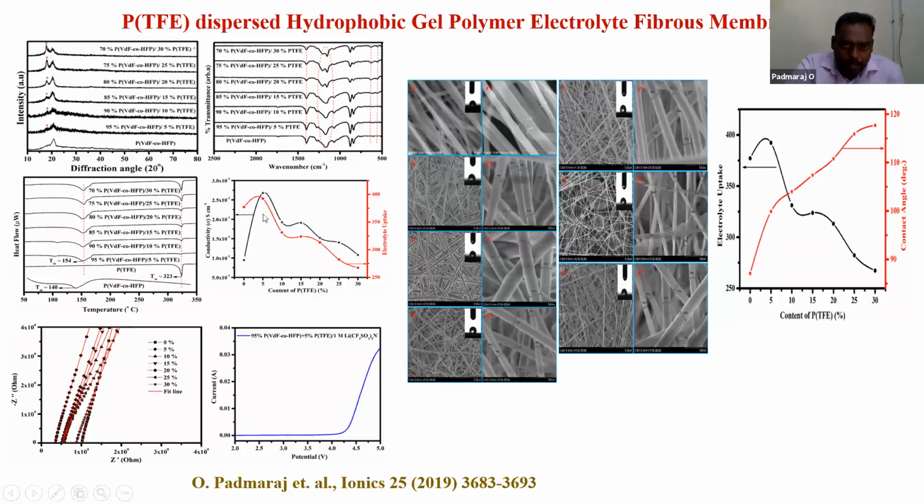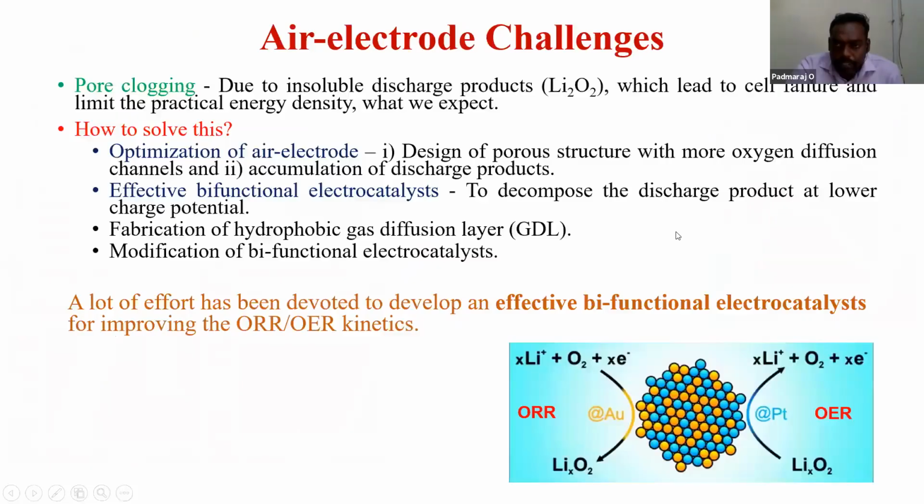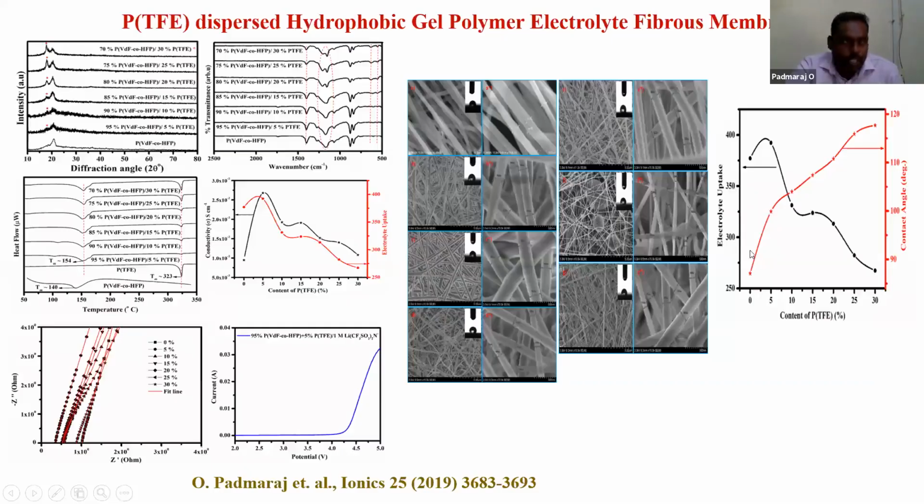See here, by changing the PTFE content, the hydrophobicity also changes. Here are the electrolyte uptake as well as the contact angle; by changing the PTFE content, I am optimizing the electrolyte uptake as well as the contact angle.